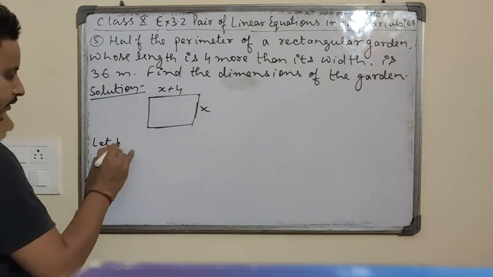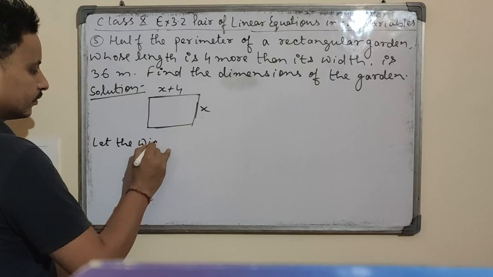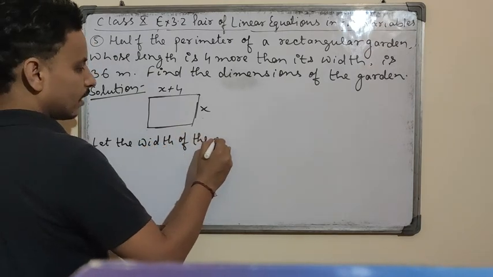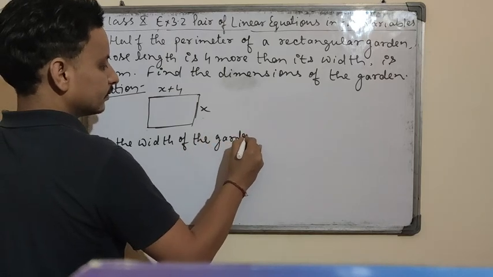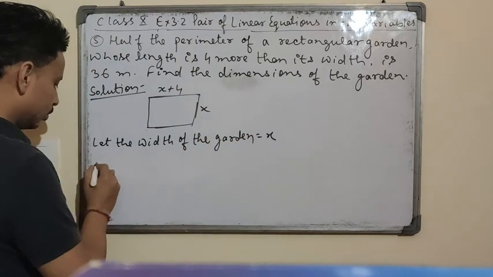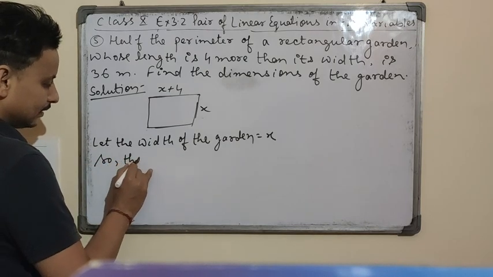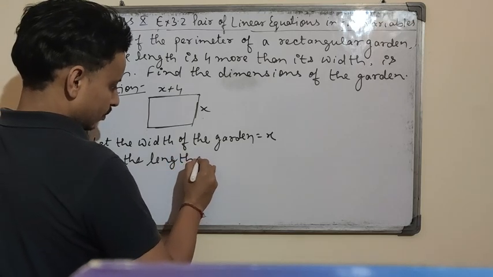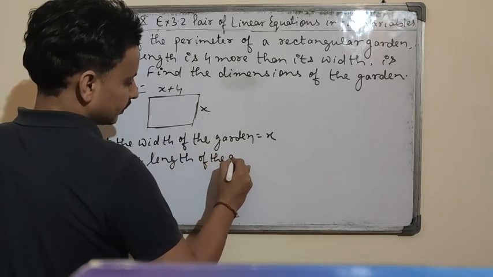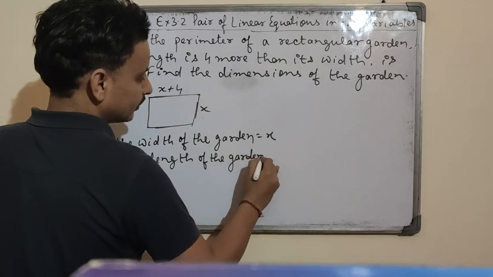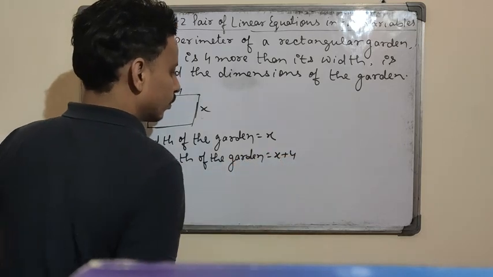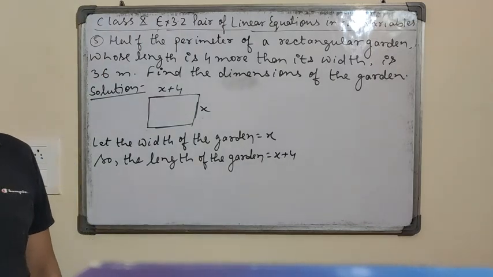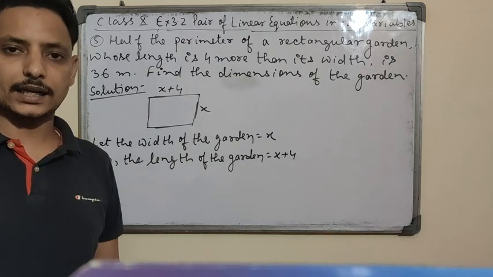So the width of the garden is equal to x, and the length of the garden is equal to x plus 4, because the length is 4 more than the width.